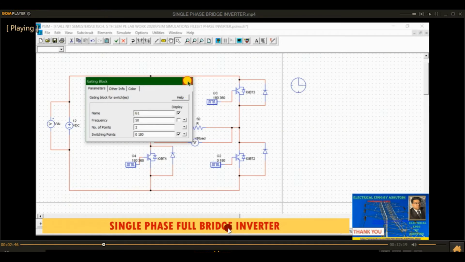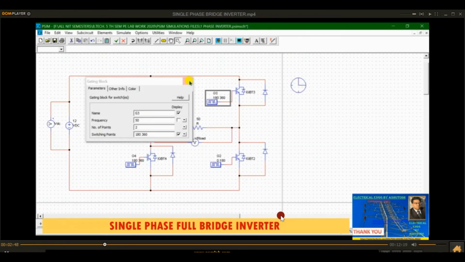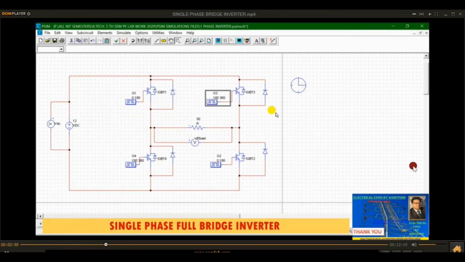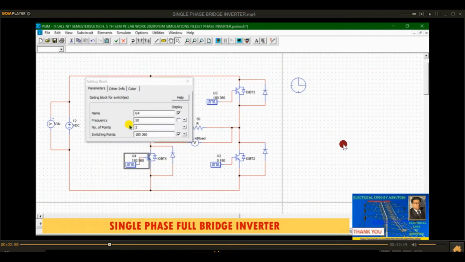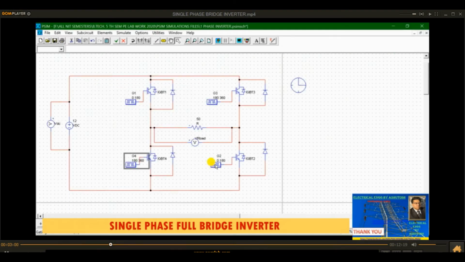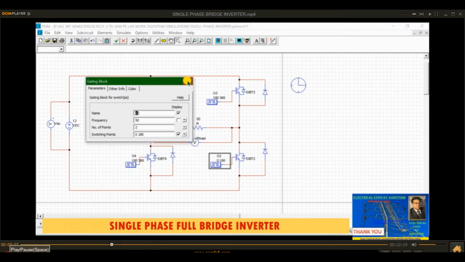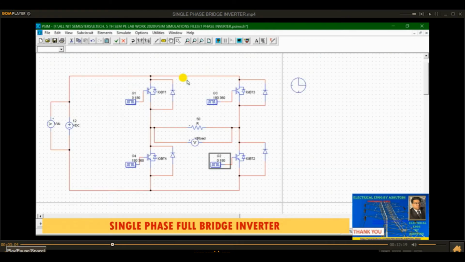See, this is G2. I'll explain later what firing angle I have chosen for these thyristors or IGBTs. This one is gating block G4, and this one is gating block G2. So basically there are 4 thyristors and 4 diodes.